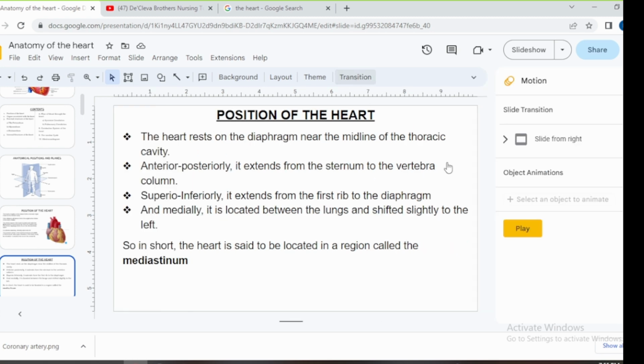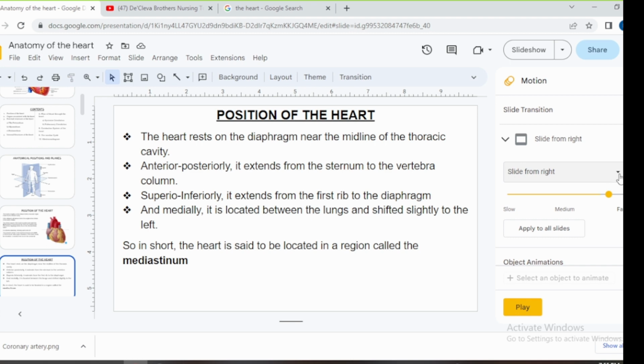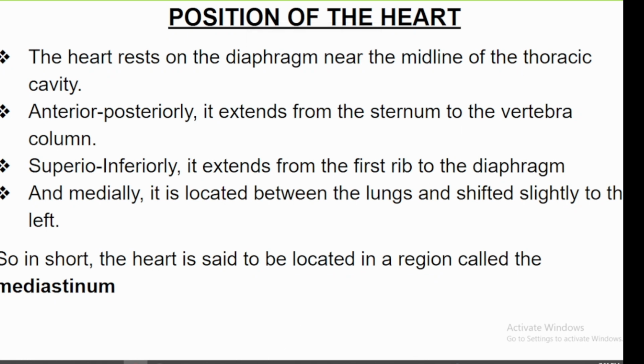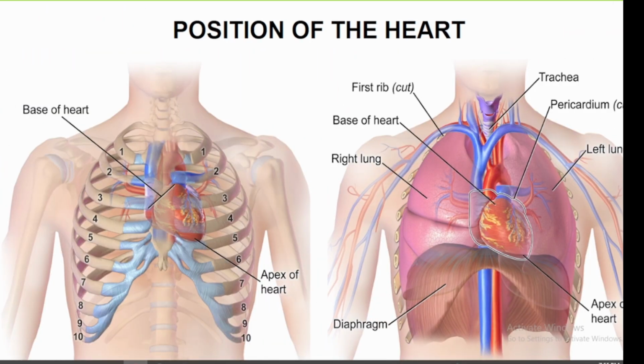I realize that the transition is moving a bit quick. I believe we can all see now. So the heart rests on the diaphragm near the midline of the thoracic cavity. Let's move to the next slide and see how this is actually happening.